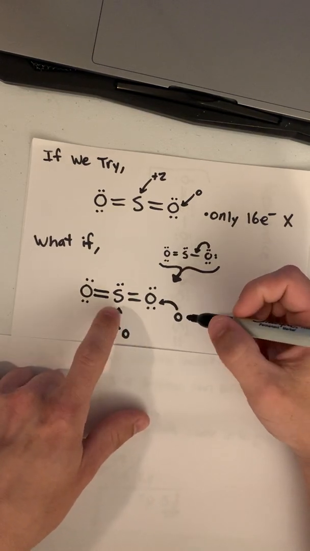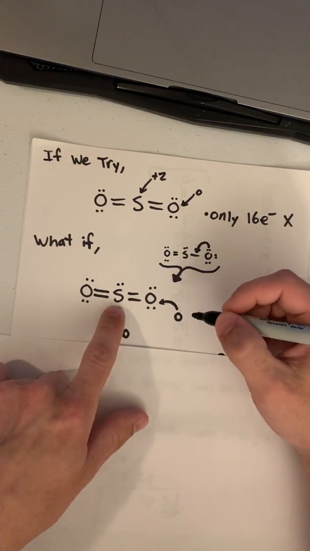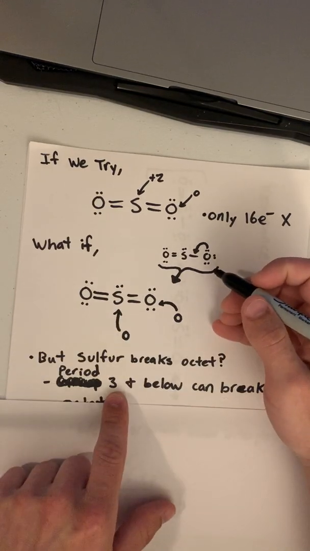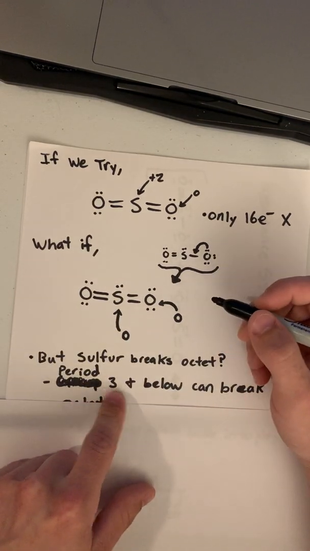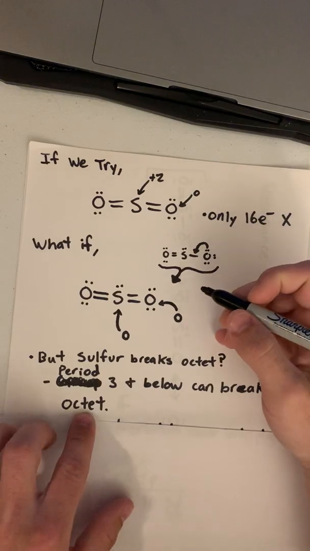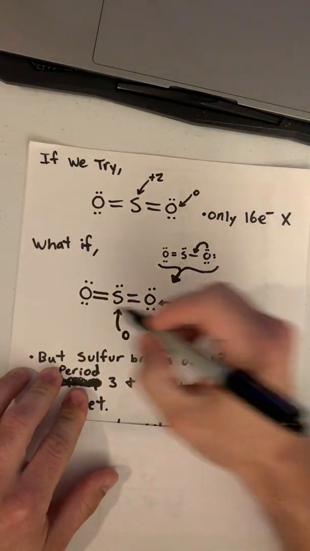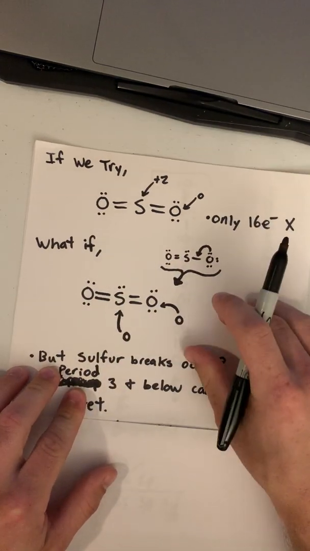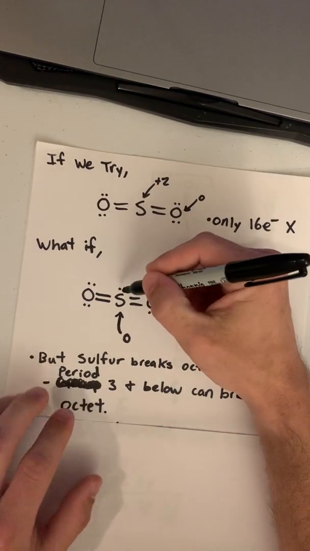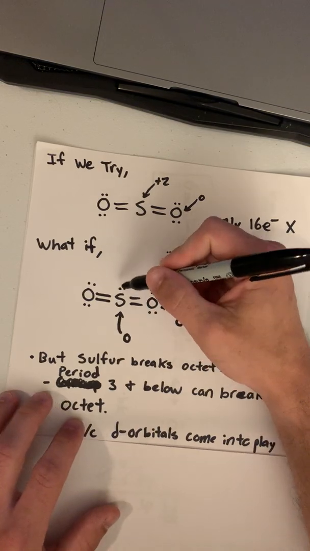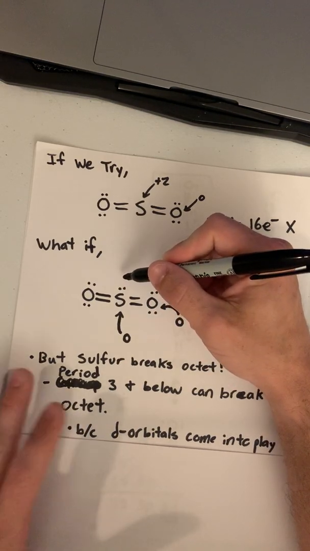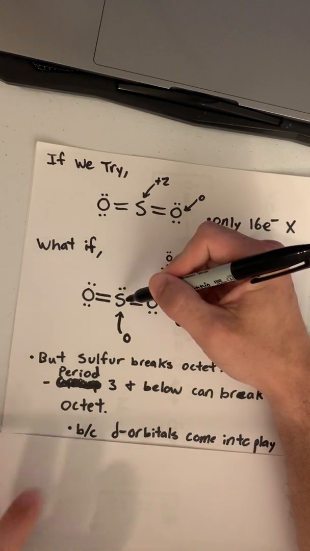Now, you still might be saying, but isn't sulfur breaking the octet? Well, if it's in period 3 and below, it can break the octet. So if you're looking at your periodic table, elements in period 3 and below can break the octet. If it's in period 2, so for instance, if this was oxygen, we couldn't necessarily do that. And I'll show you oxygen in just a second.